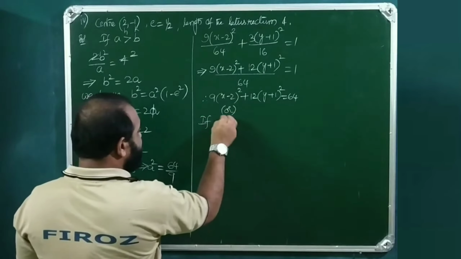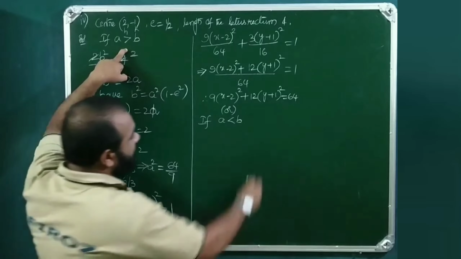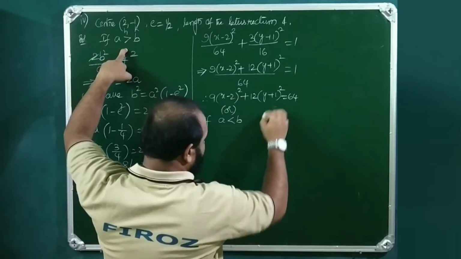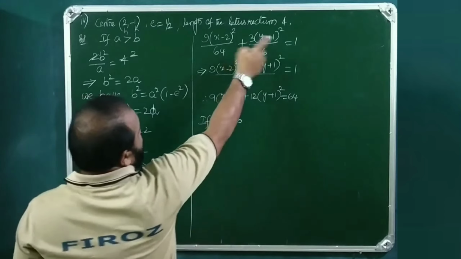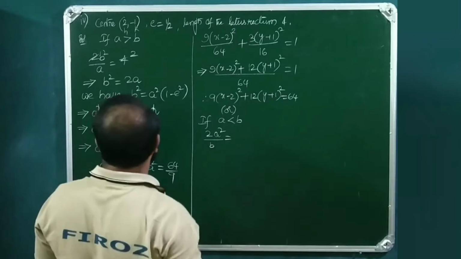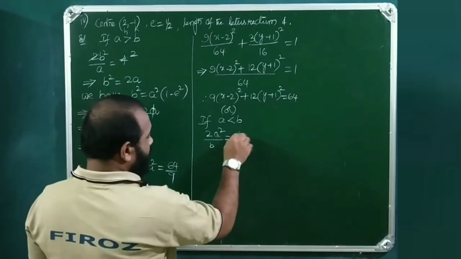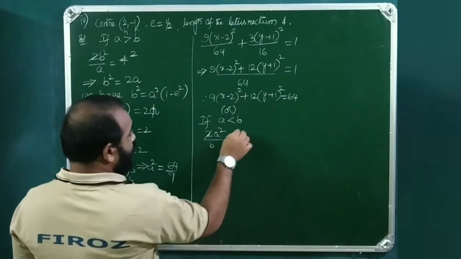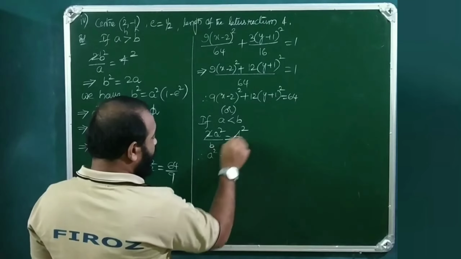Or if A is less than B, that is this ellipse, in that case, the length of the latus rectum is 2A square by B, which equals 4. 4 is given. So 2 times A square by B is 4. Therefore, A square equals 2B.